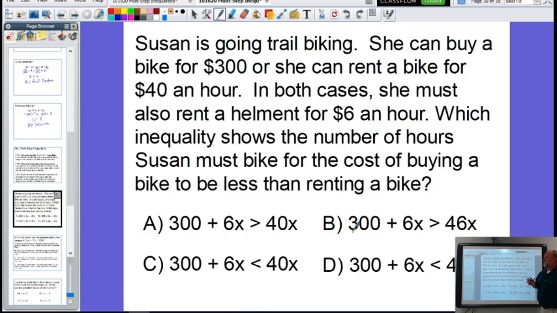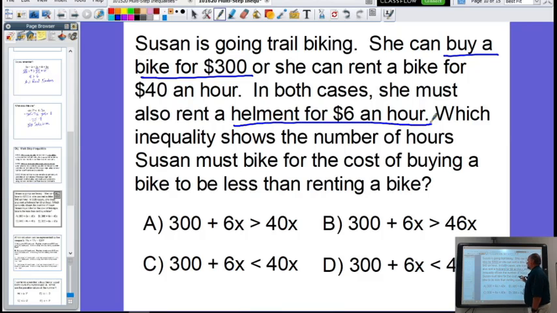Okay, so what's important? Anytime you have a word problem, you got to figure out what's important. Susan's going trail biking. She can buy a bike for $300, and she still will have to rent a helmet. Okay, so that's going to be in both cases. So she can buy it for $300, and then she's got to rent a helmet for $6 an hour. So our variable becomes H, or in this case X, but it could represent hours.